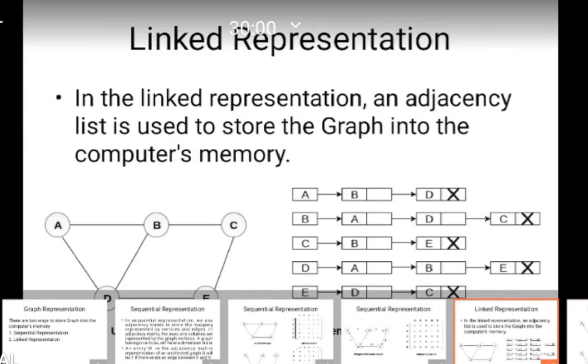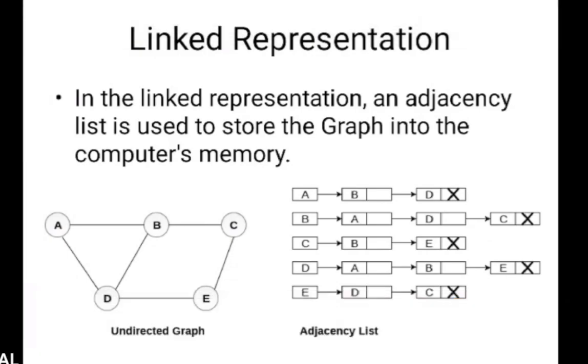Now, this is another kind of representation. That's the linked representation. In the linked representation, there is an adjacency list which is used to store the graph in the computer's memory. So for each vertex, there is a list.